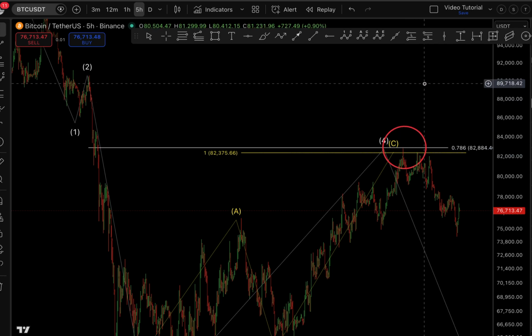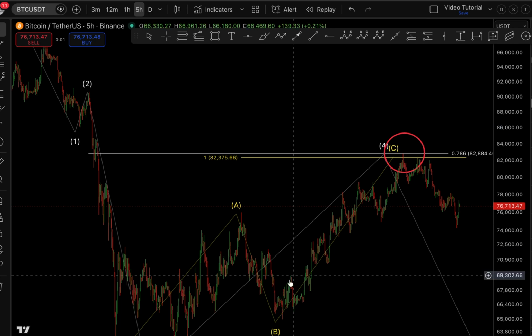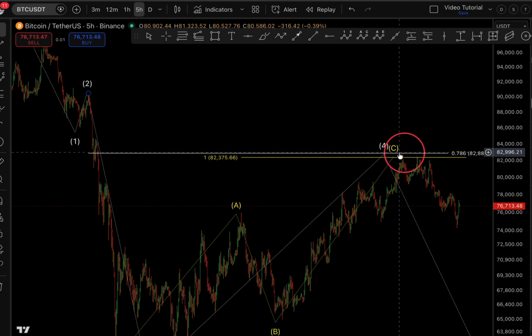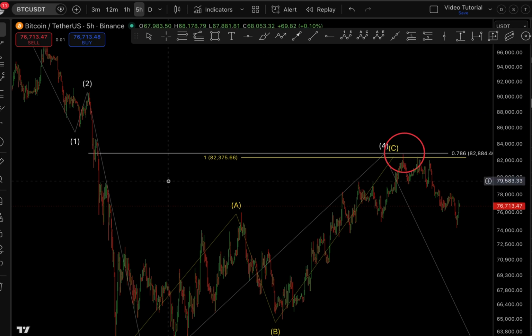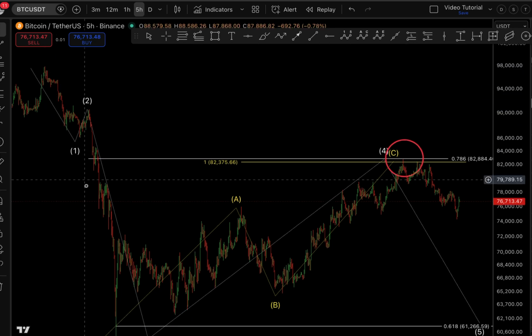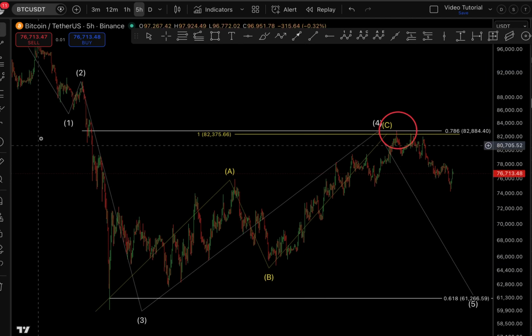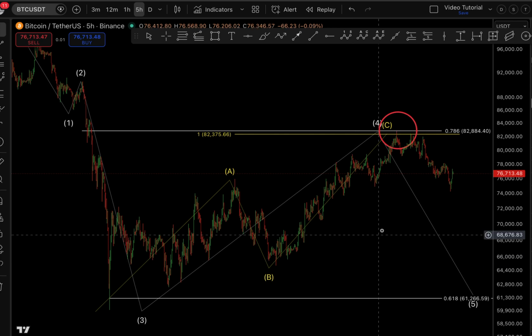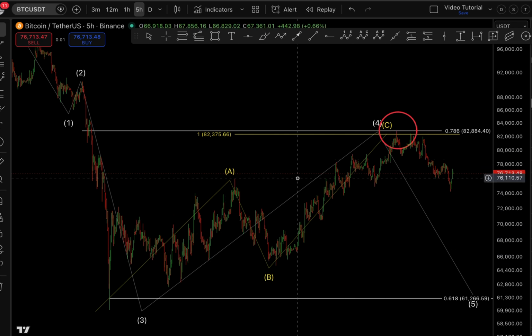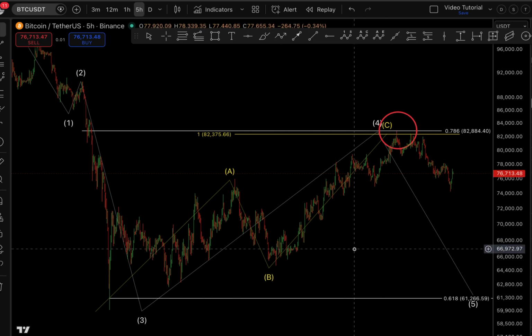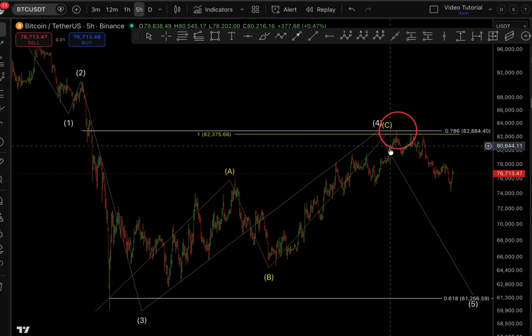If we would have broken through, we would have treated this as a new impulsive wave structure 1, 2, 3, 4, 5 up, and we would have treated this as A, B, C, and the correction is over. However, since this whole structure is not impulsive, because it doesn't look like this, we assume that this is wave 4, right? The structure is telling us this is wave 4, and all these reactions over here prove it.